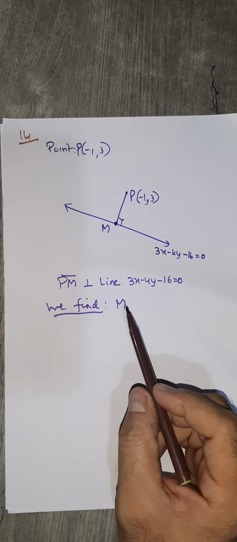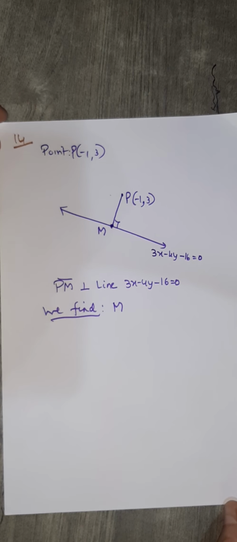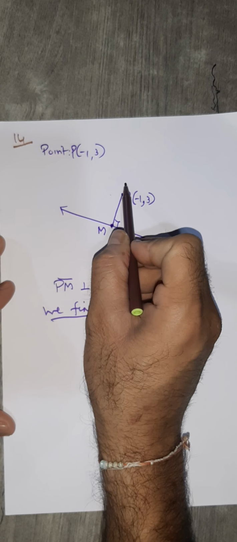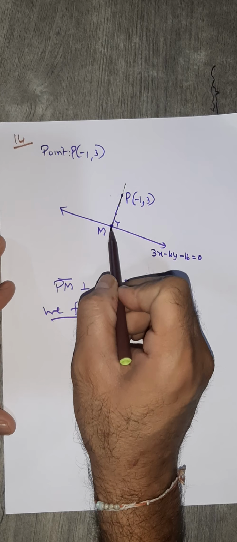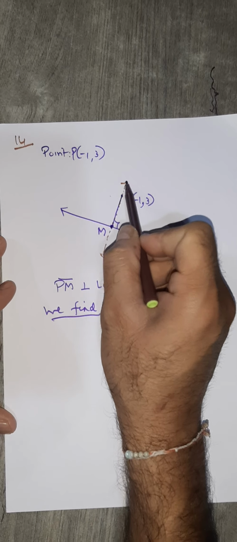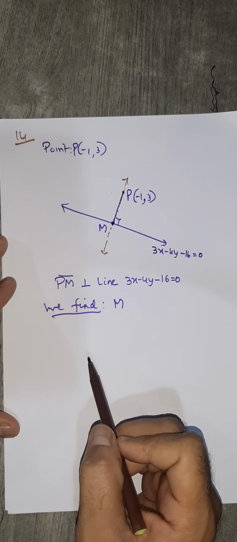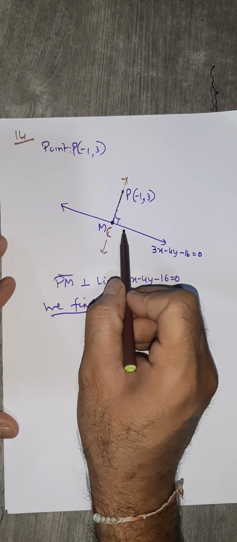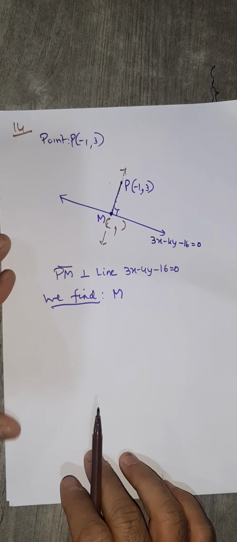Okay, fine. We find the coordinates of M. From the diagram you can see that it is the intersection of these two lines. One is this and the other one is this. So we get the equation of PM and then we solve. So we'll get these two coordinates. Understood?